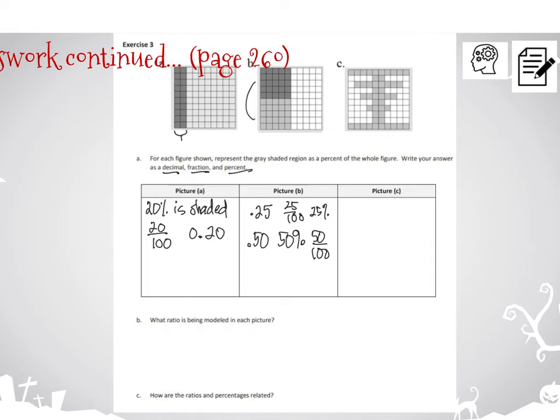Okay, on C, oh, that's a fun design. So now I have to count. I'm going to count how many. I know that this is 10. Let me get my pen going. I know this is 10. I know this is 10. I'm looking across the row. 10, 10, and then 1, 2, 3, 4, 5, 6, 7, 8, 9, 10, 11, 12, 13, 14, 15, 16, 17, 18.